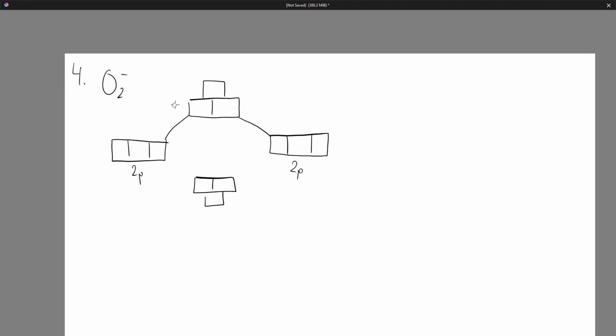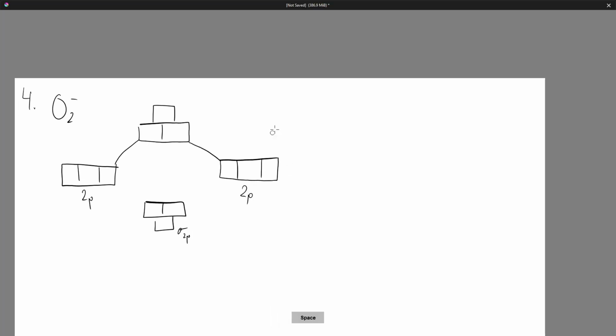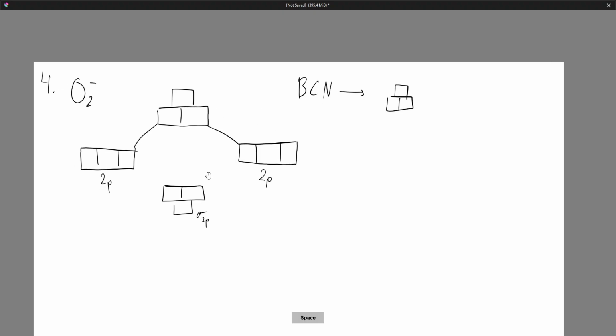Oh, and since we're working with oxygen, we put the pi orbital above the sigma orbital. Because remember, with boron, carbon, or nitrogen, this is the bottom. But since we're working with oxygen, it'll be on top instead. Just connect those boxes right there, like that.